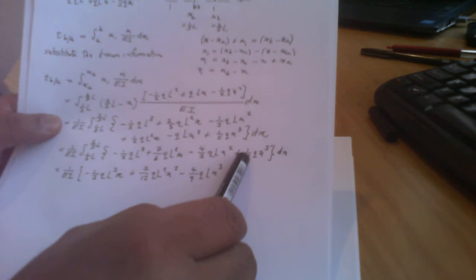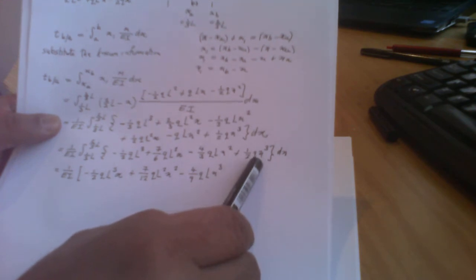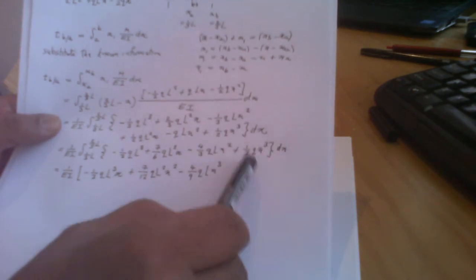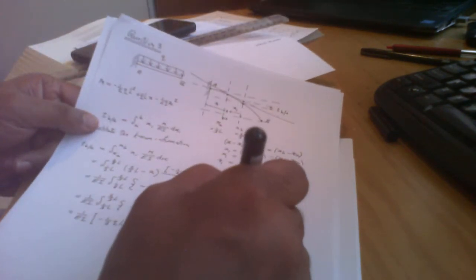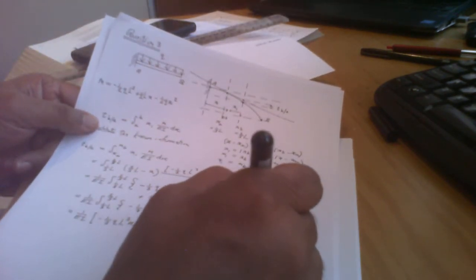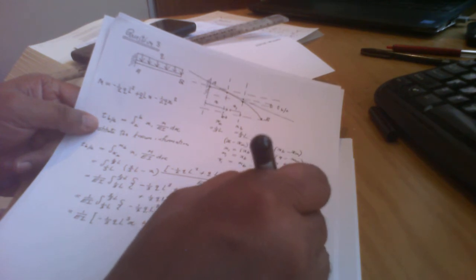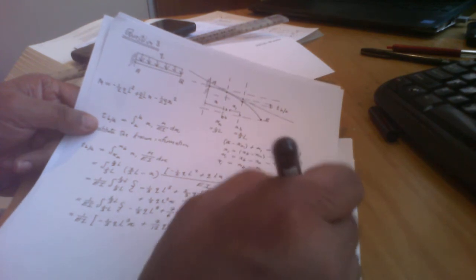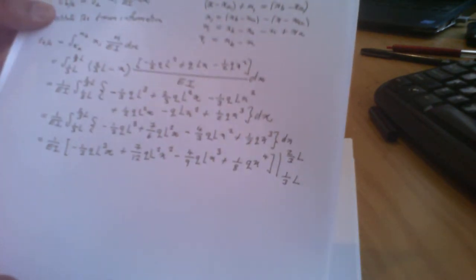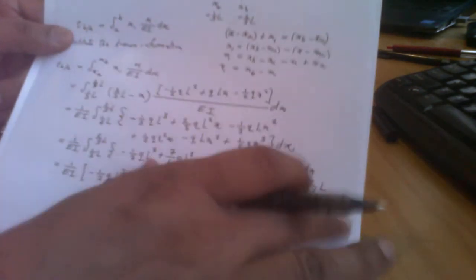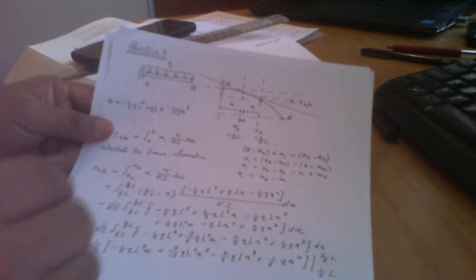Integral of a half Qx cubed. Integral of x cubed is x to the 4th over 4. 4 times 2 is 8. So it would be 1 over 8 Qx to the 4th power. Put in the ranges from at the bottom 1/3 L all the way up to 2/3 L. Put in the data and expand.